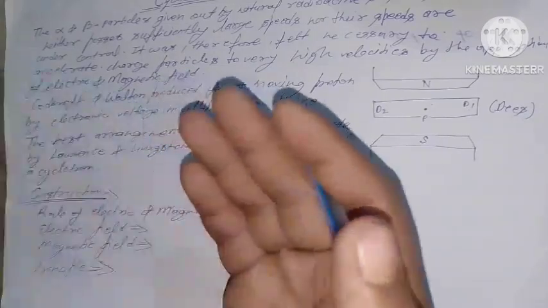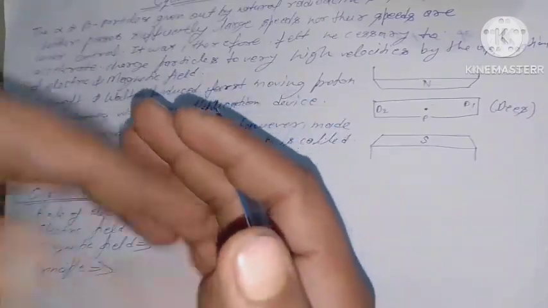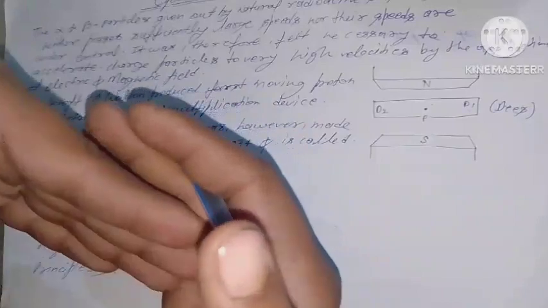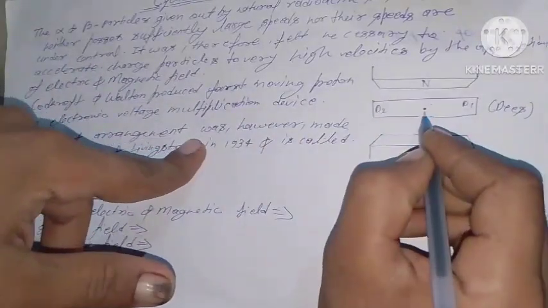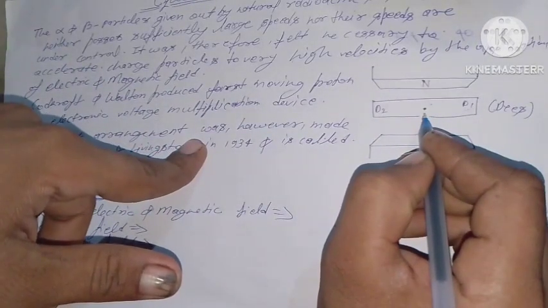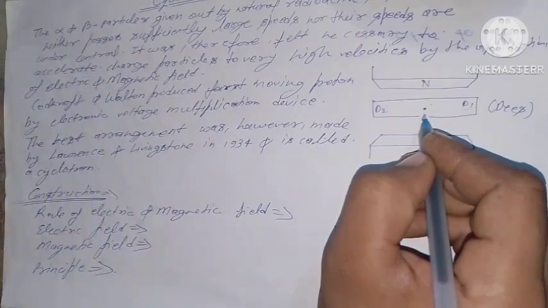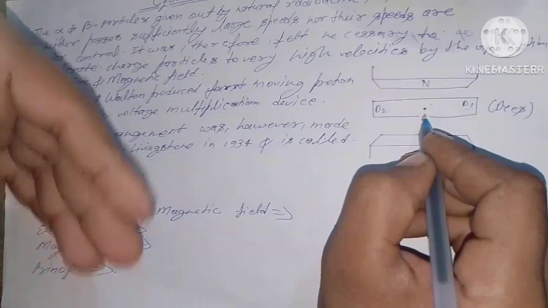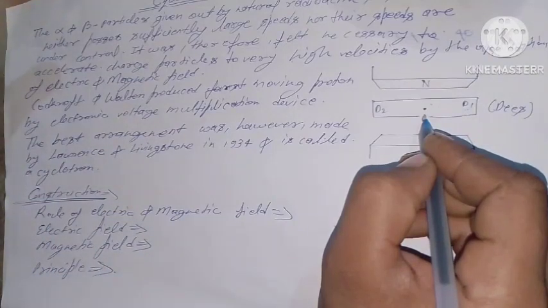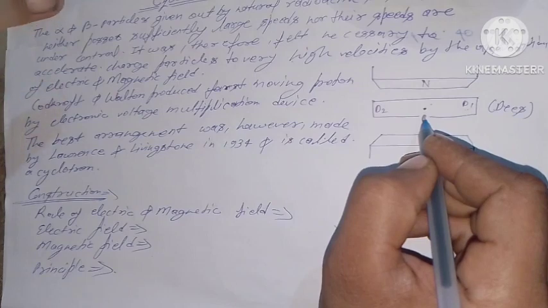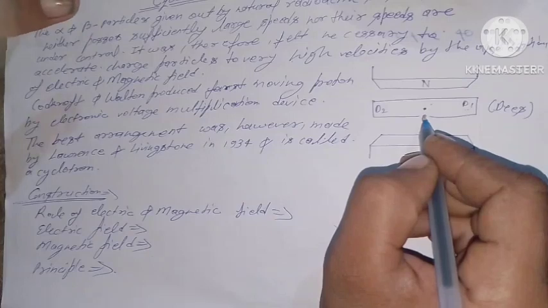The charged particle to be accelerated, placed at the center point P of the dees, repeatedly passes through an alternating electric field along a closed path, its energy being increased each time. A strong magnetic field is used to control the motion of the particles and to return them periodically to the region of the accelerating electric field.